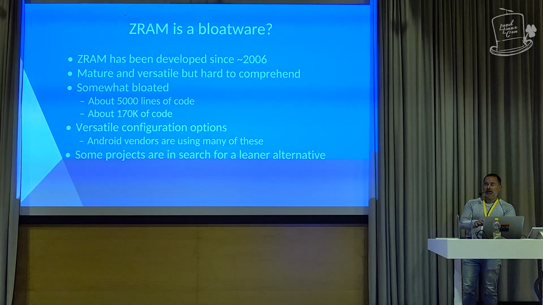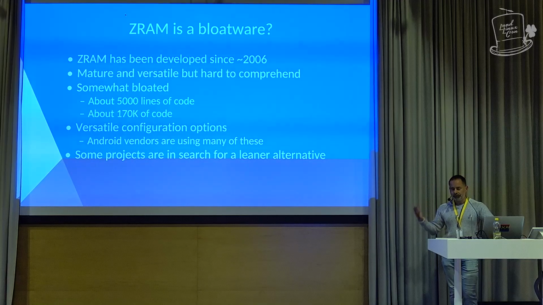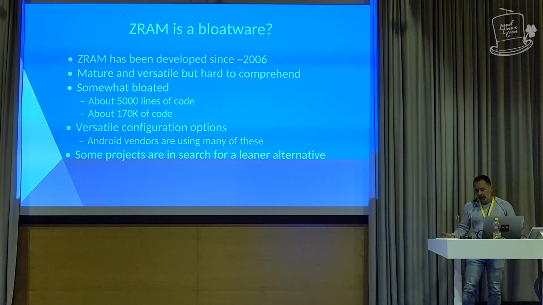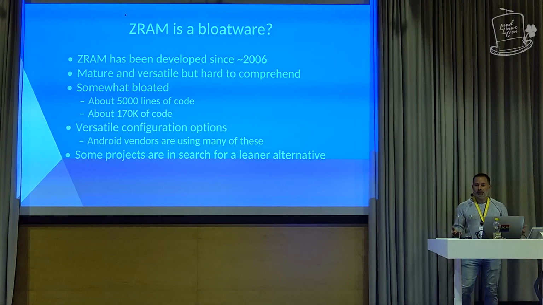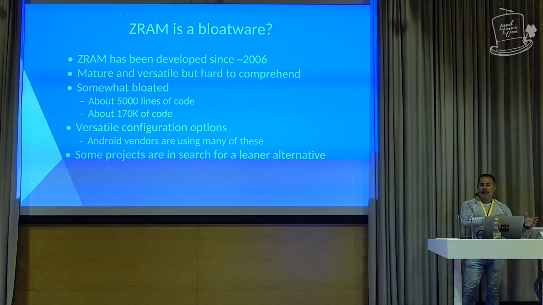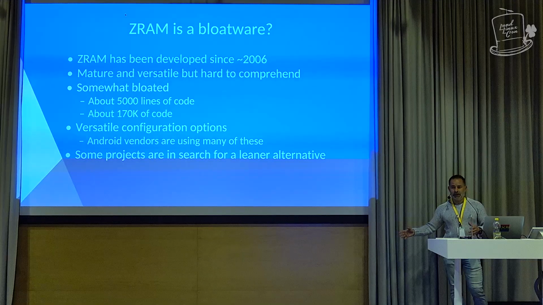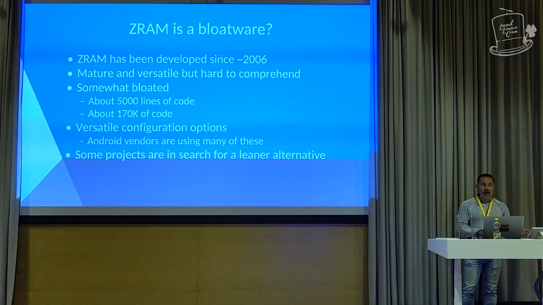So making, I don't know, a huge phone manufacturer known by the name of S, or another known by the name of M, switch from using ZRAM with all the parameters and bells and whistles that they're using to a completely different thing without, at least currently, those bells and whistles. This is an impossible task as of now.